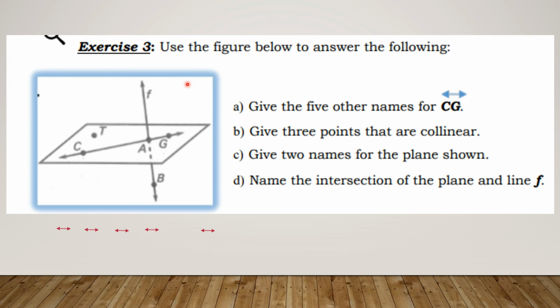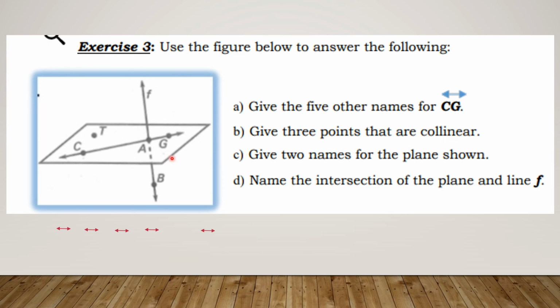So here in exercise 3, based on this figure, try to give the 5 other names for CG. This is the CG line, as we can see. Is there another name for line CG? Yes, there is. Second, give 3 points that are collinear.